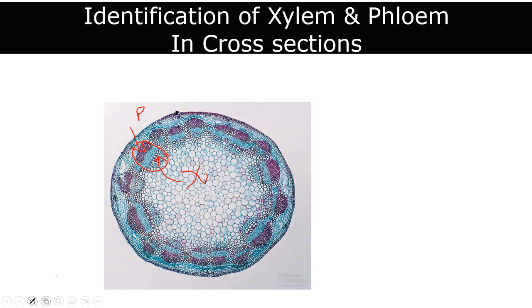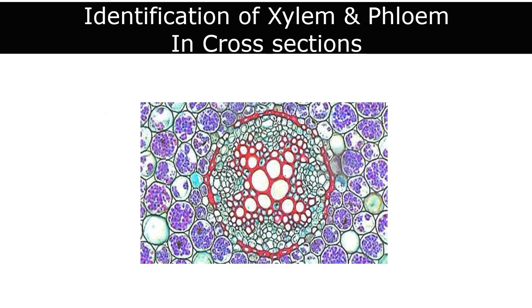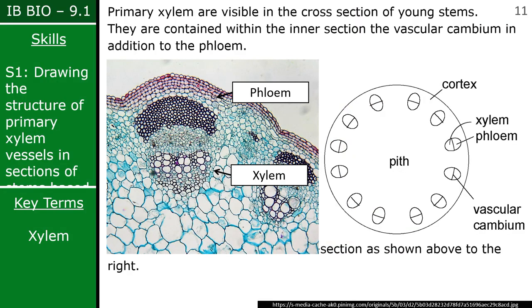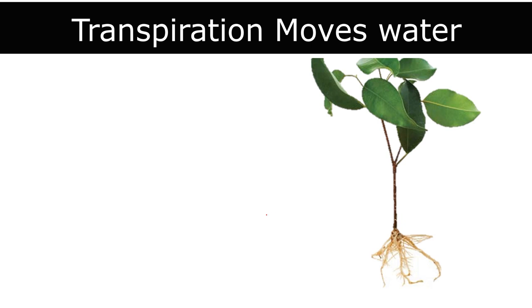So, hollow xylem, acorn looking things, tops phloem. In the roots, just a reminder that X marks the spot. So this is going to be the xylem, whereas these regions in here are going to be the phloem. Okay, so be ready to identify those.